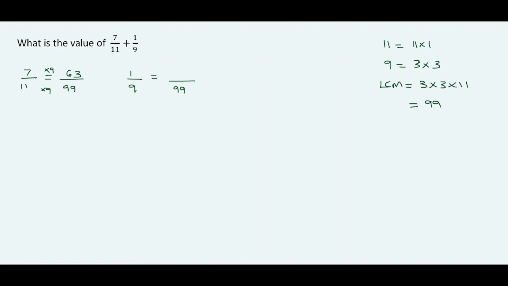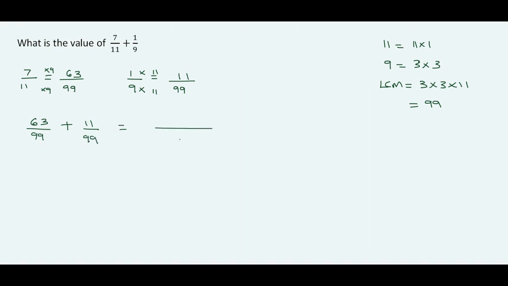So we have 99 divided by 9, we have 11. So we're multiplying this by 11 to get to 99. So we also multiply the numerator by 11. We have 11. So now our new fraction is 63 over 99 plus 11 over 99.